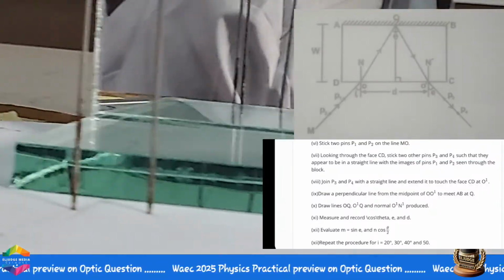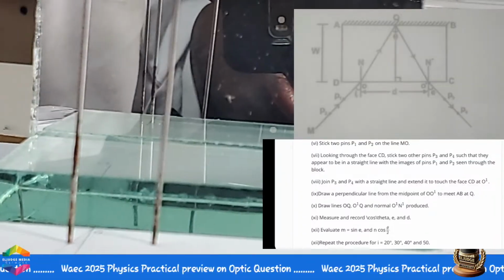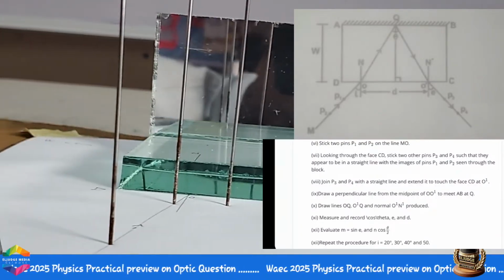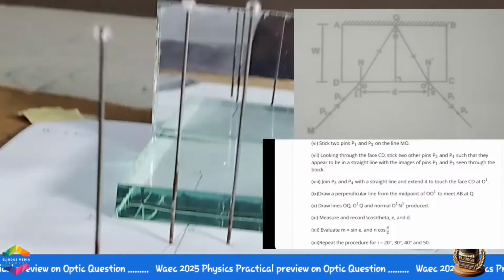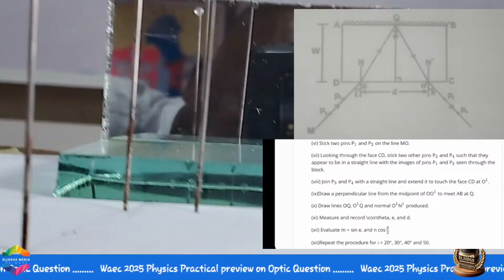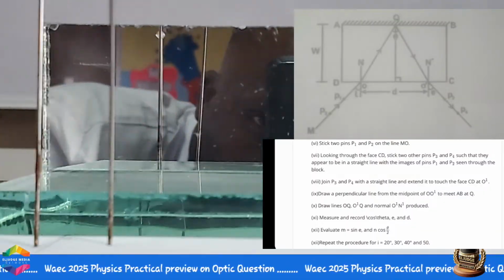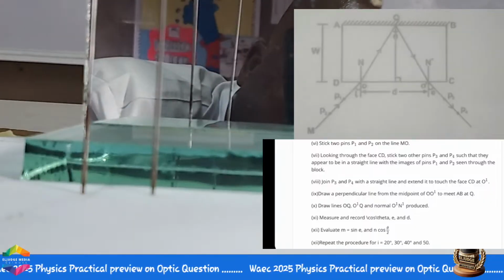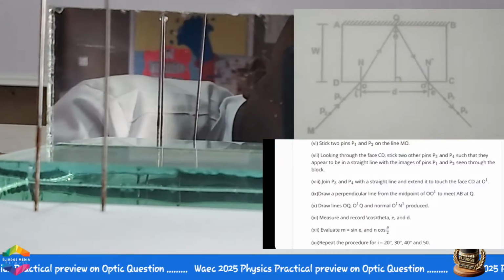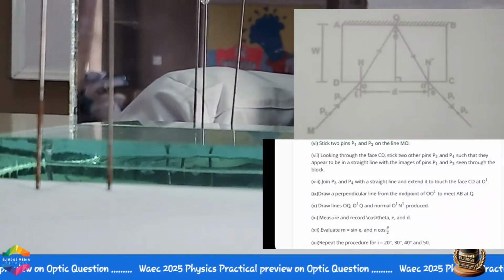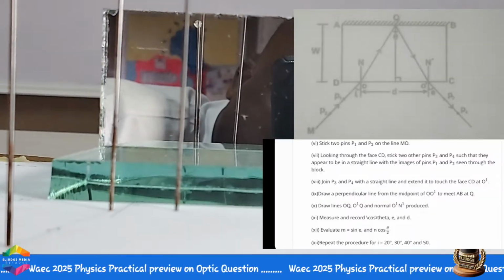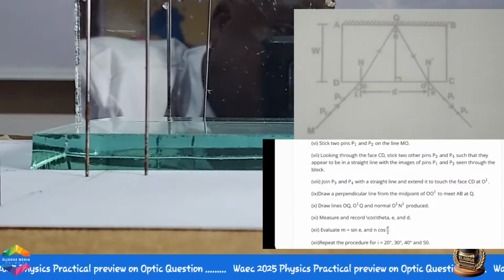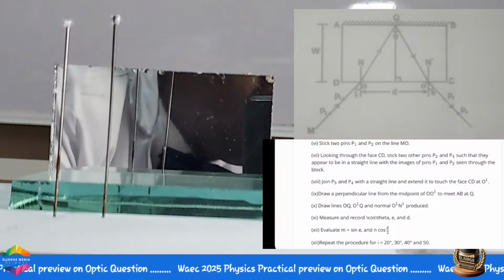And if you check very well, looking through, you can see the point where the 2 pins are in line. Then you set it to make sure that this covers the other 2 pins, and then we move on. Hold it.